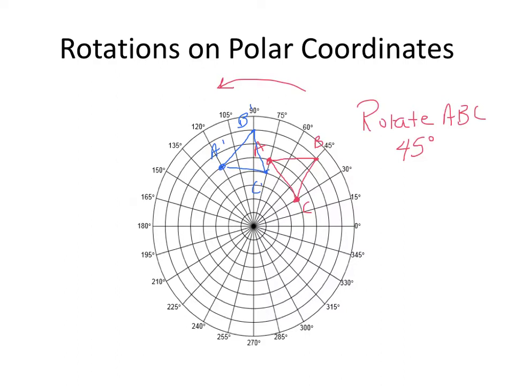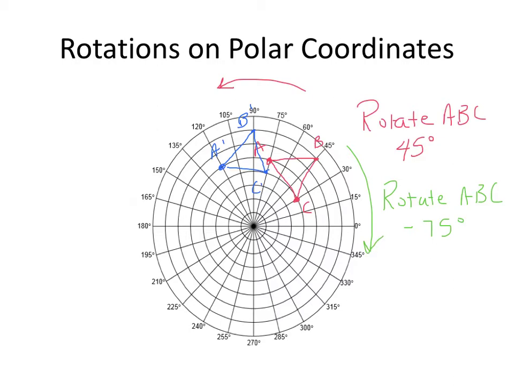Now let's say that I wanted to rotate it, let's see, I don't want to put that in blue, I'm going to put that in green. I want to rotate A, B, C by negative 75 degrees. Well, that means I'm going to have to go in this direction.